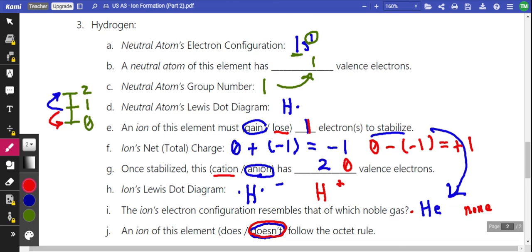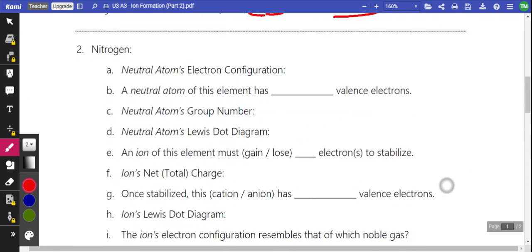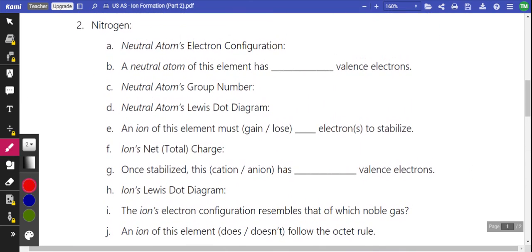But this is just to show you that there's always something new and different and weird in chemistry, and sometimes we have multiple options for how something can become more stable and lower in energy. So this is just one option. The other examples here that we could look at, like nitrogen up here, are going to be a little bit easier.